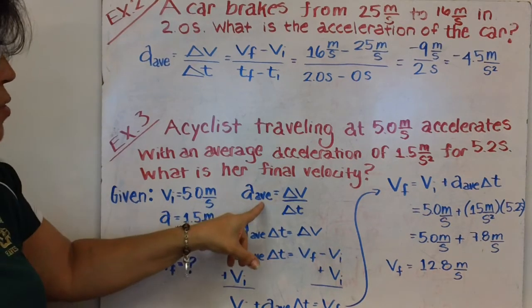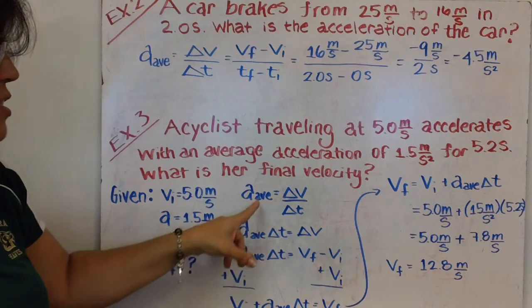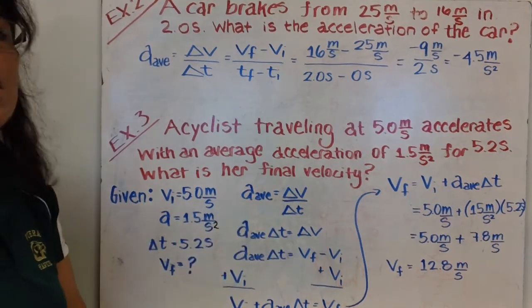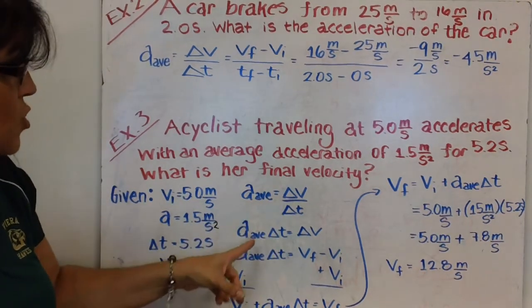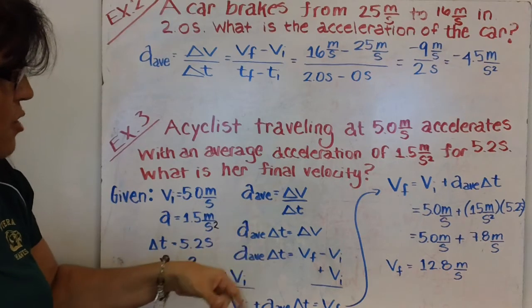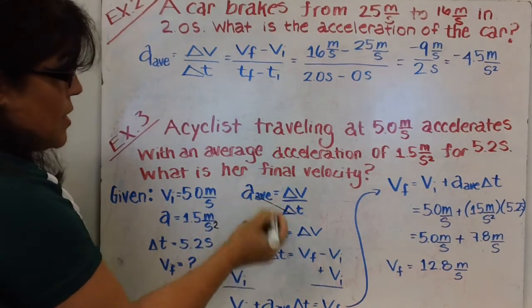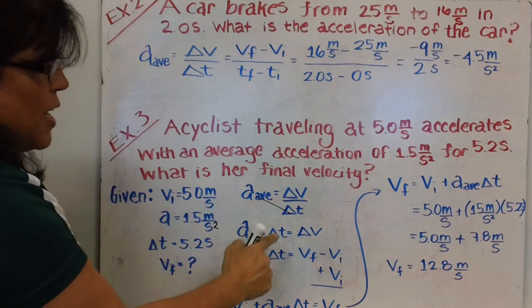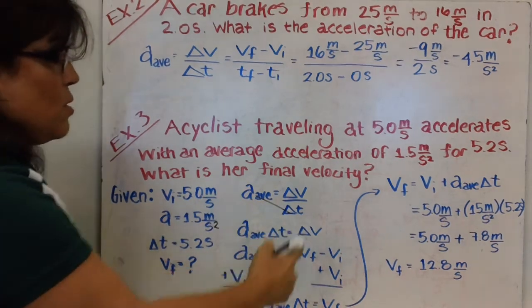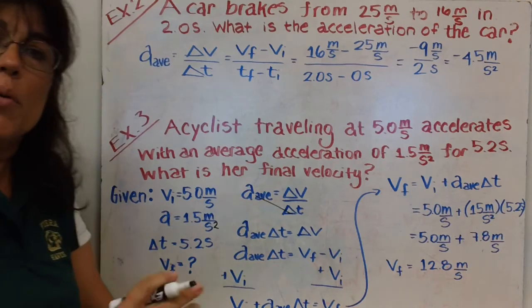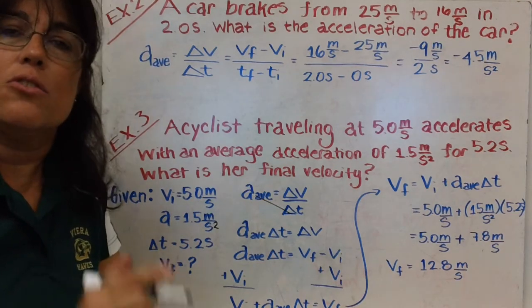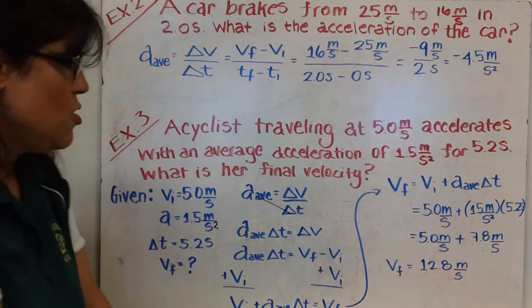Okay, so I know the equation I'm going to use is that my average acceleration is change in velocity over change in time. So I'm going to do a little bit of rearranging here. I'm going to cross multiply and say that my average acceleration times my change in time equals my change in velocity. But remember, the change in velocity is your final velocity minus your initial.